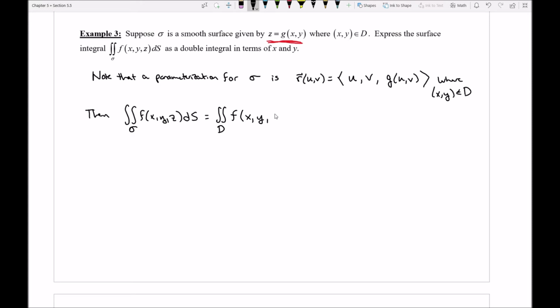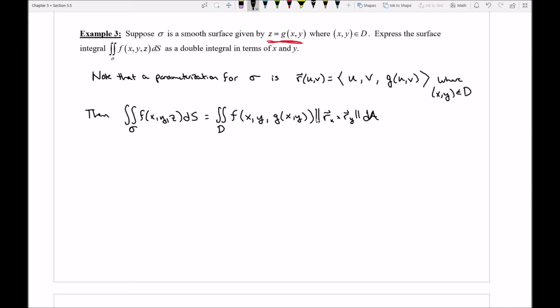But my z value is now given by this formula, g of x, y. I would also have to take the magnitude of the cross product, and here I'm going to write this in terms of the partial with respect to x, because again, u and x are equivalent, and the partial with respect to y, because again, y and v are equivalent. At the end here, I'll just be able to say dA.